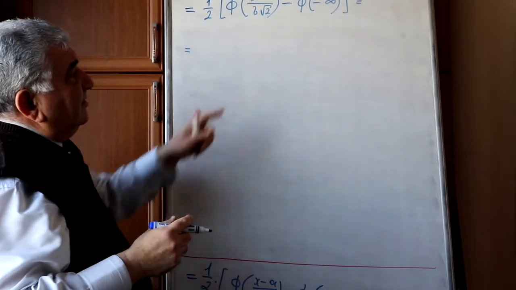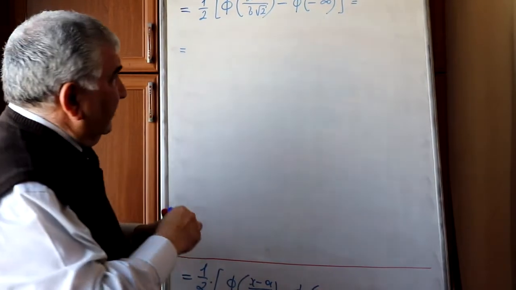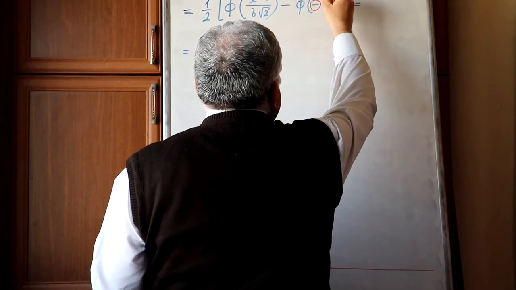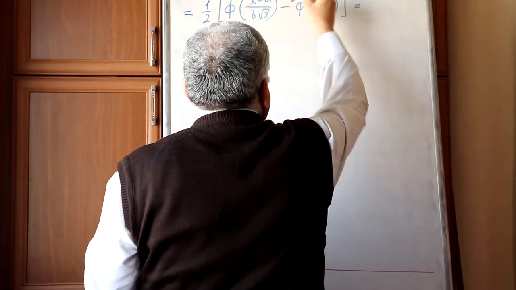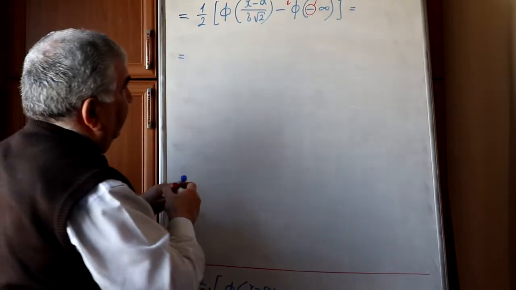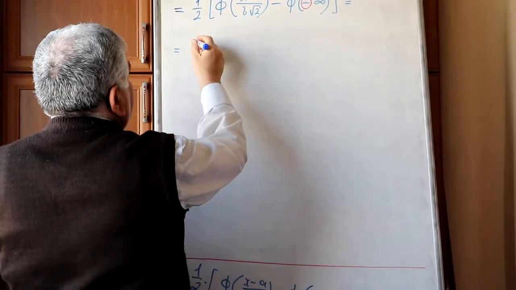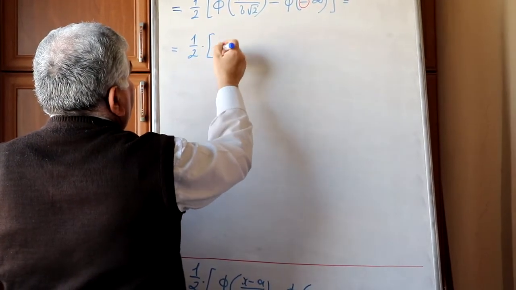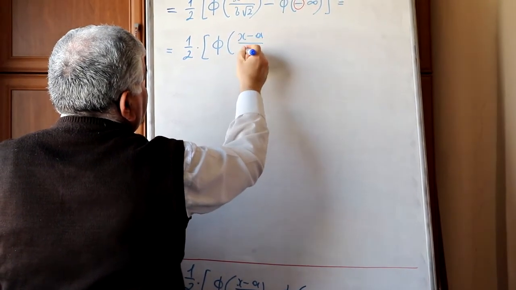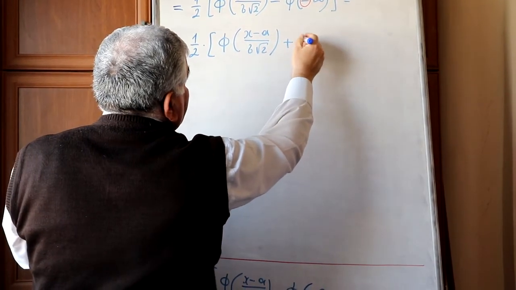already you know that the error integral is an odd function, and therefore the negative sign can be taken out of the error integral symbol, and here we will obtain simply plus 1 second multiplied by phi of x minus a over sigma square root of 2 plus phi of plus infinity.